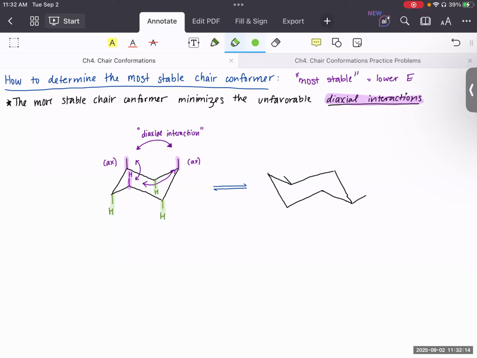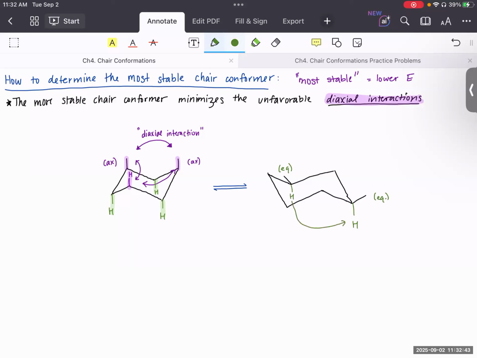If we take a look at the structure on the right, we can see that those 2 original axial groups are now in the equatorial positions. So these methyl groups don't experience diaxial interactions, and they're not destabilizing in this position. We do still get diaxial interactions between the hydrogens on that same carbon as those methyl groups.